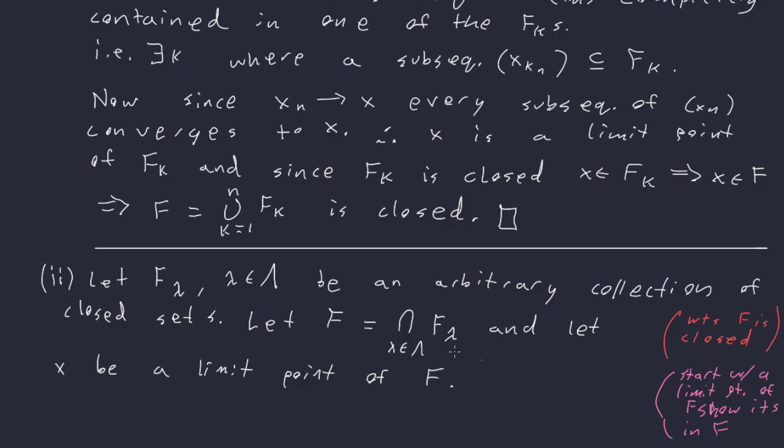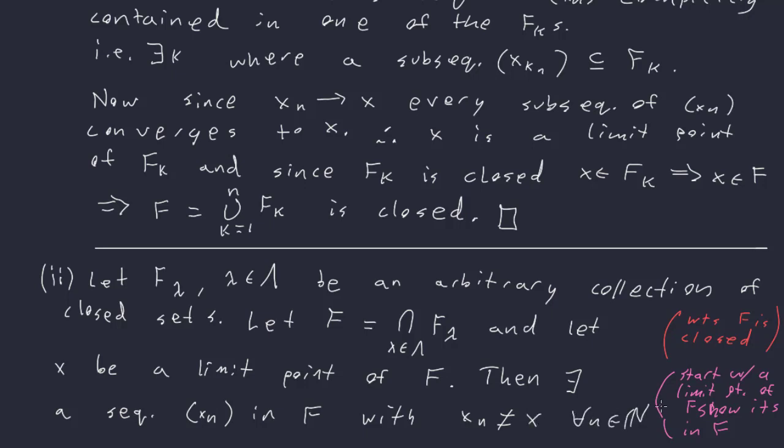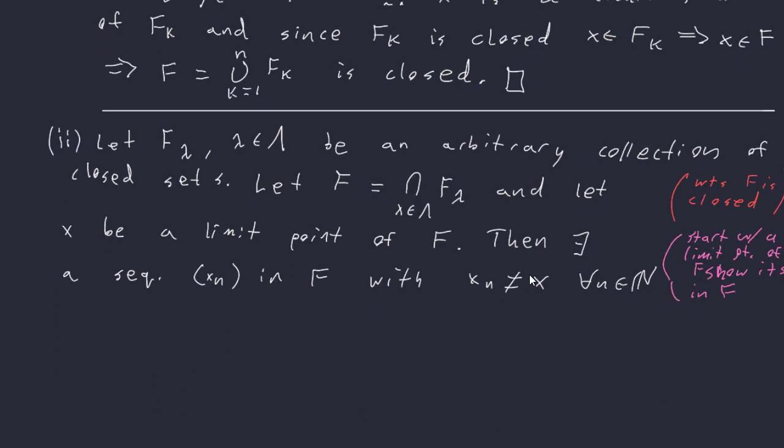So if x is a limit point of F, then there exists a sequence x sub n in capital F with x sub n not equal to x for all n in the naturals, and x sub n converges to x.